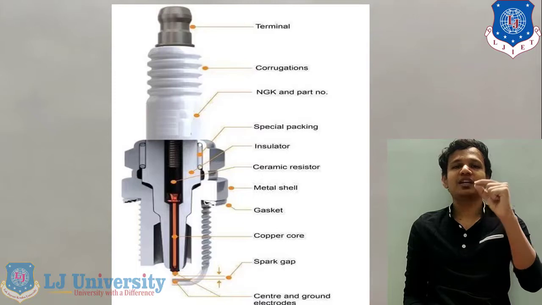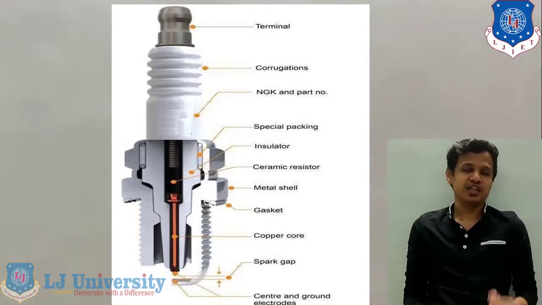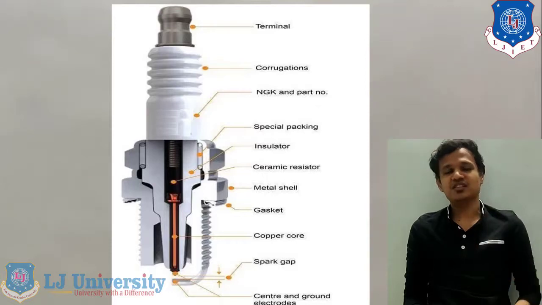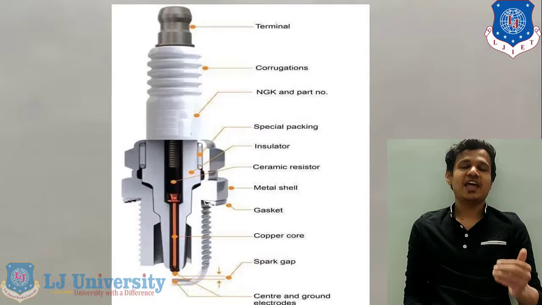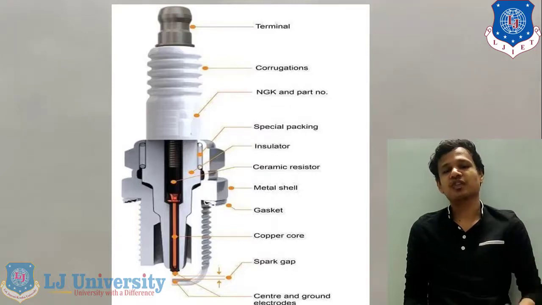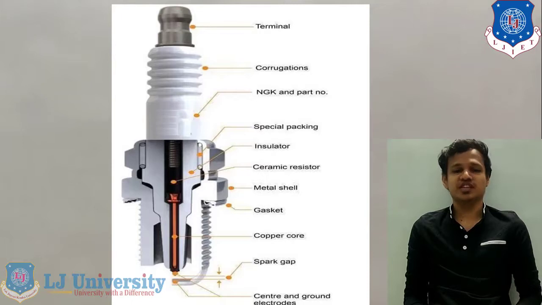That spark gap gives us the value or the intensity of the spark. If the value of the gap is changed, then the intensity of the spark will change, and because of that, the performance of the engine will also change.